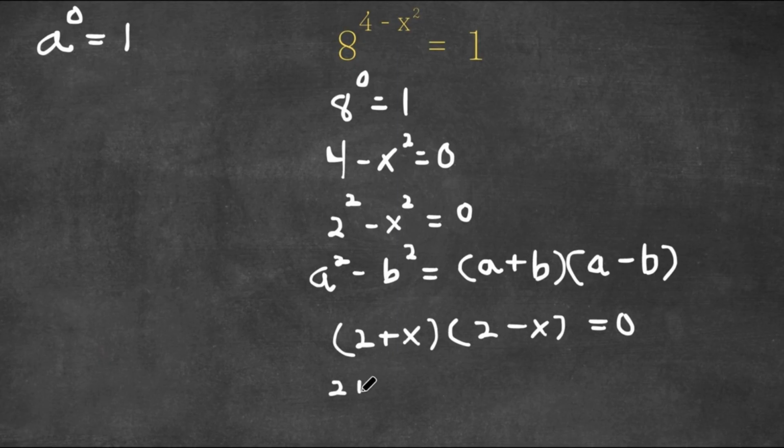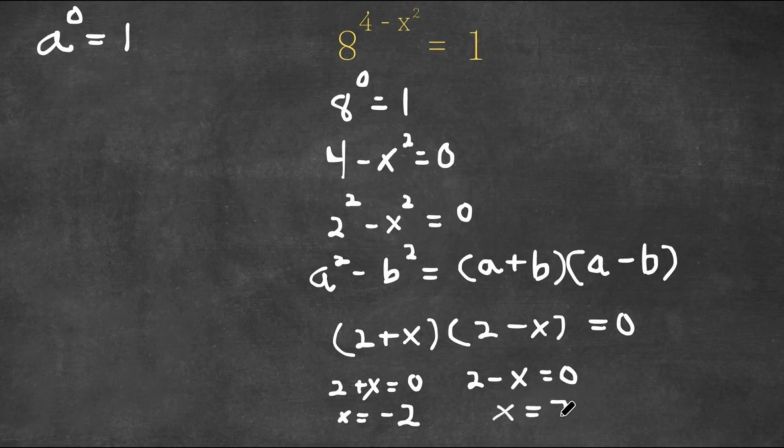We have 2 plus x is equal to 0, and 2 minus x is equal to 0. So for 2 plus x equals 0, x is equal to negative 2. And for 2 minus x equals 0, x is equal to positive 2. So these are two solutions, 2 and negative 2.